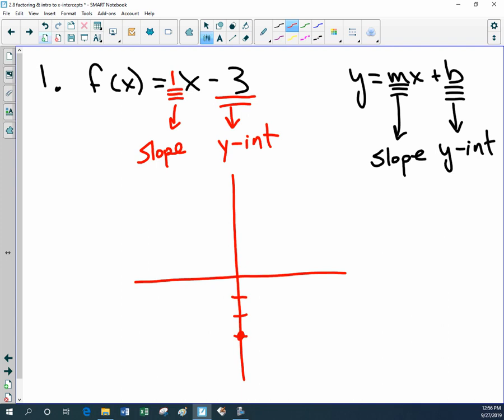This point is where the graph crosses the y-axis. The slope is 1. So if the slope is a positive 1, we would go up 1 and to the right 1, find our point, and then draw our line. That's problem number 1.